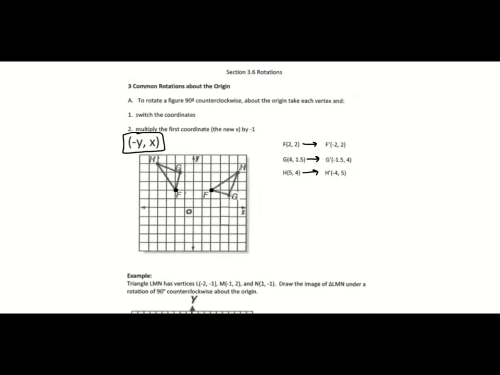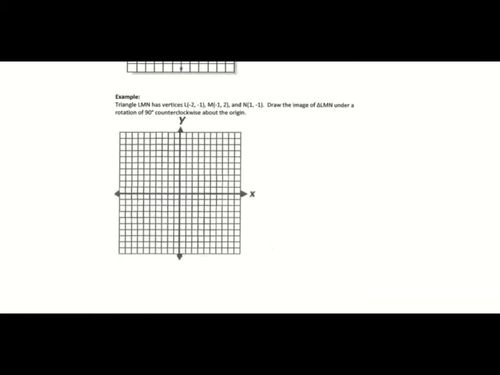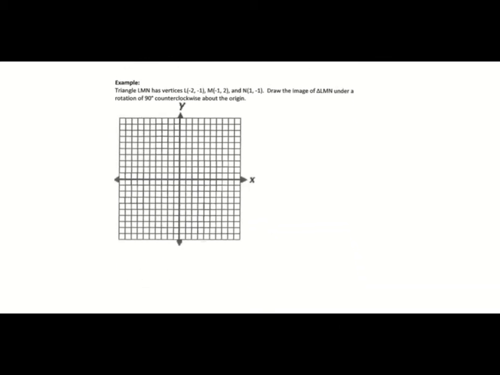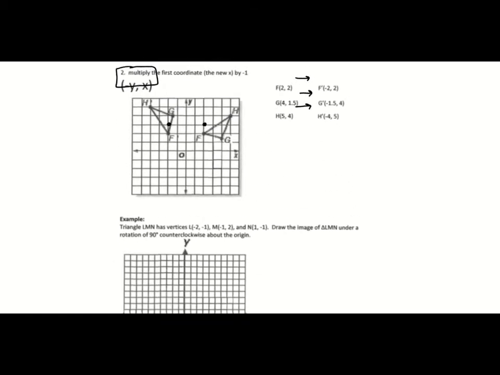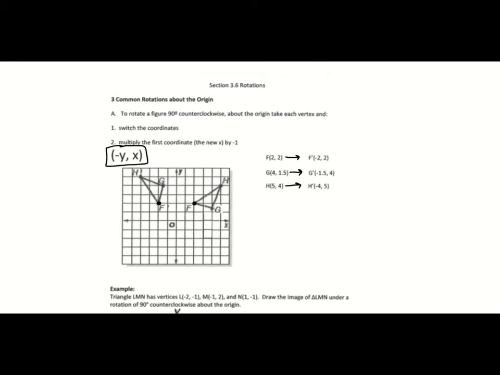Okay, so let's look at an example. This says we have a triangle with vertices L, M, N. Draw the image under a rotation of 90 degrees counterclockwise about the origin. Okay, so remember counterclockwise about the origin.